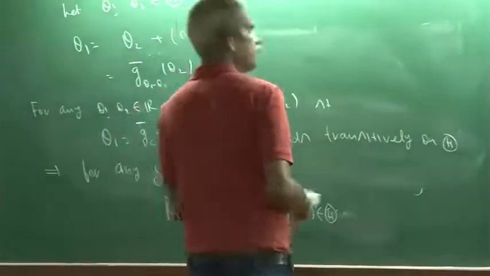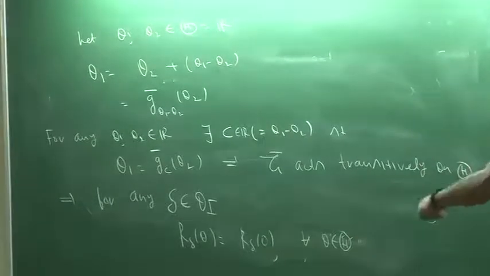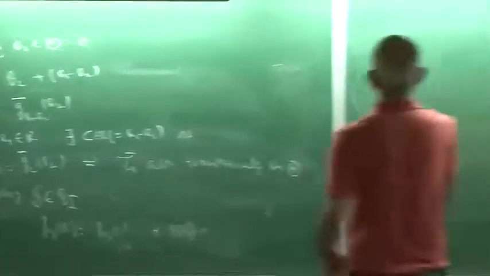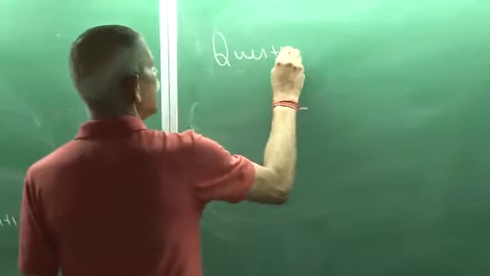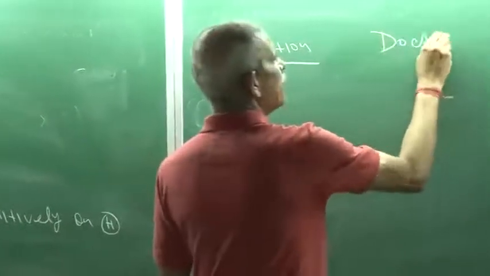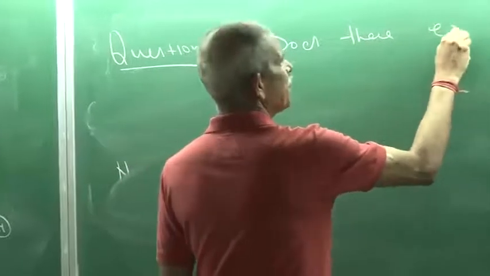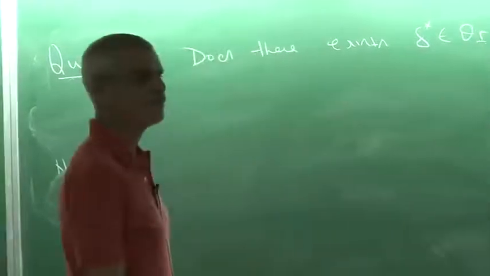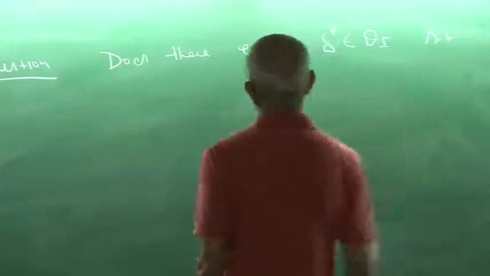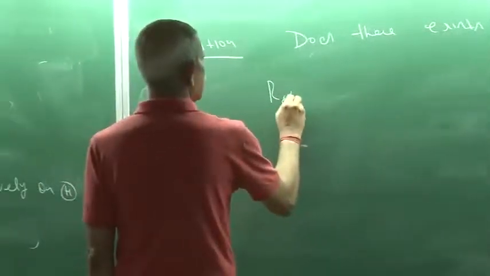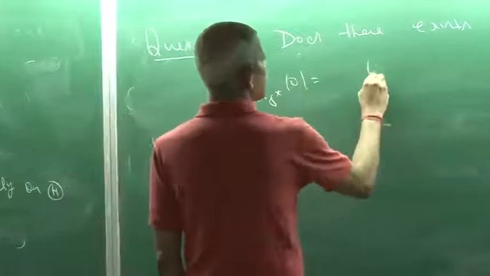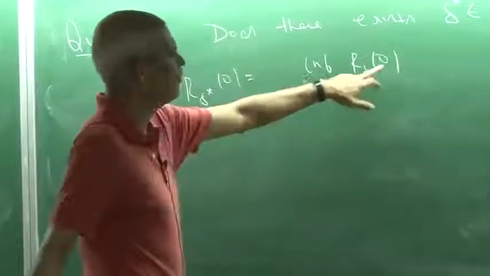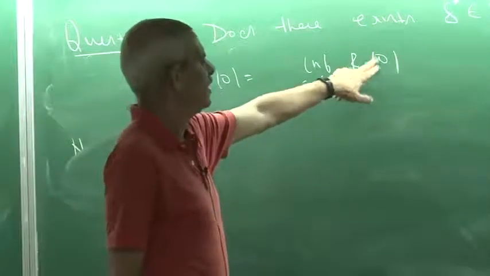So the question is, does there exist an invariant decision rule delta star in D_I such that R of delta star, 0 is the same as the infimum over delta belonging to D_I of R of delta, 0, because the risk of any invariant estimator at theta would be the same as R of delta, 0.